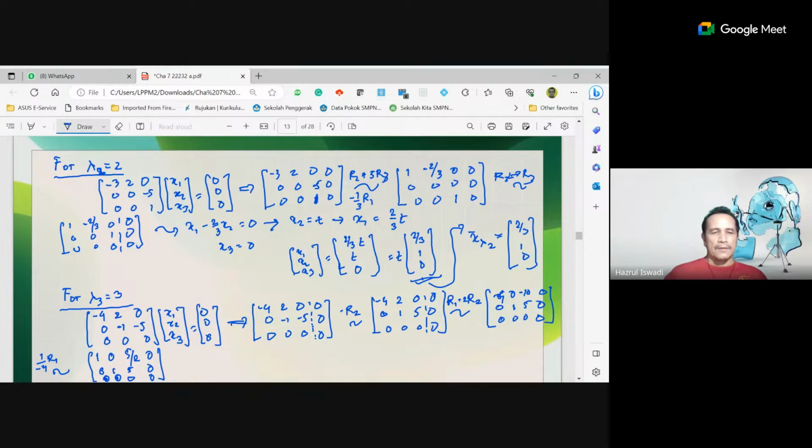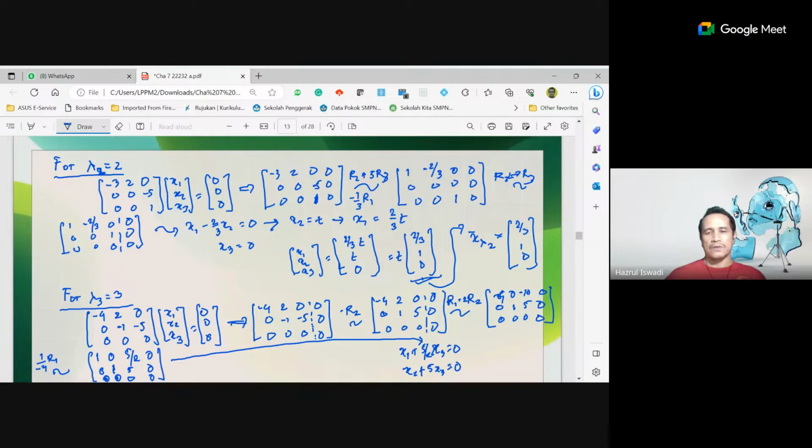We already have the reduced row echelon matrix, so we interpret the system again. We have x1 plus 5 over 2 x3 is equal to 0, and x2 plus 5 x3 is equal to 0.